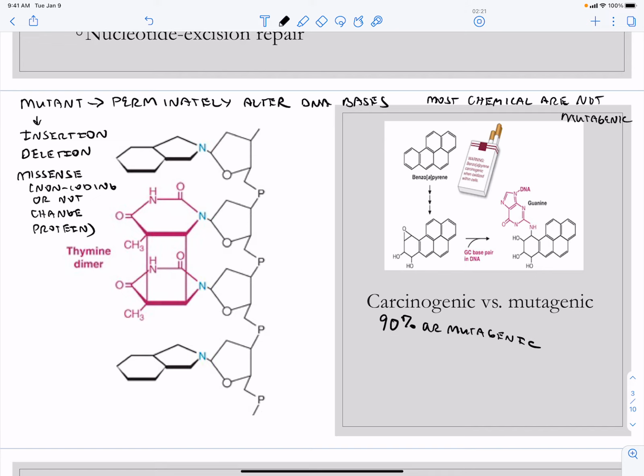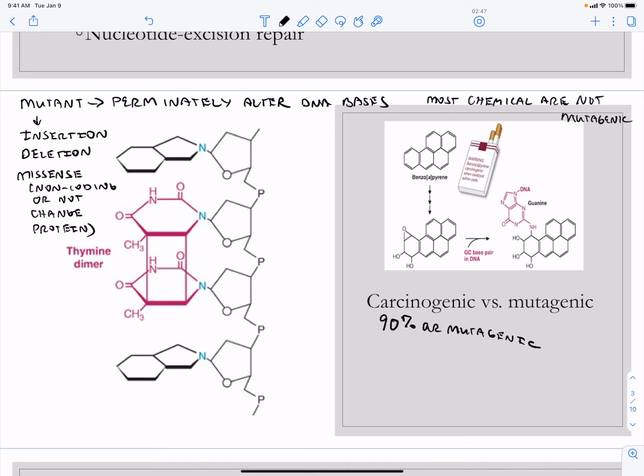Okay, but having a mutagen does not mean that you're going to cause a change in the coding regions of your DNA, because many of the mutagens, of course, can be missense mutations. We have a lot of our DNA that is not going to code for proteins, and in that case it would not lead to a phenotype, for example.